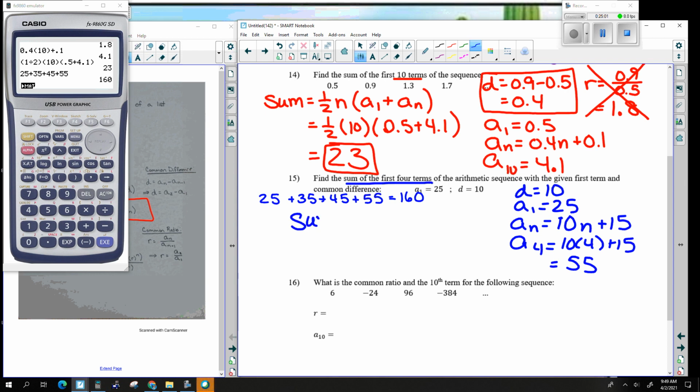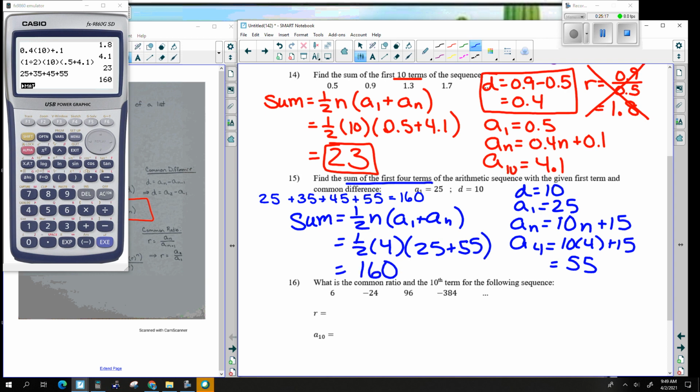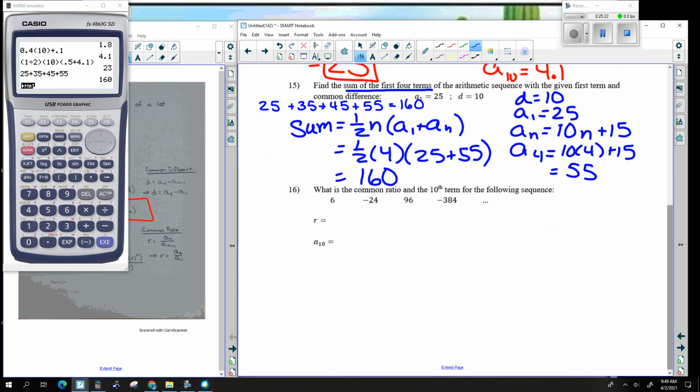So you could do it as the sum of 1/2 n, A1 plus An, which is going to be 1/2 times 4 terms, first term plus last term. And believe me, that's going to come out to be 160. So either way, because it's so small, you can just literally grind it if you want.